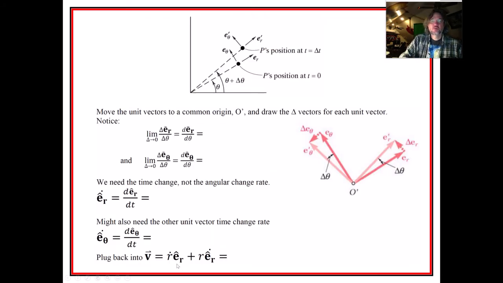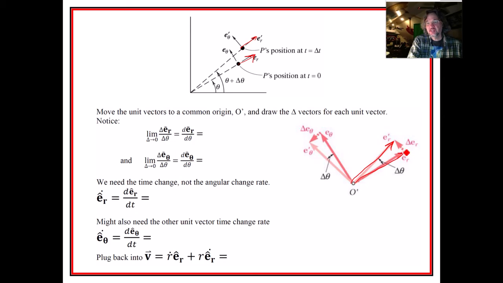Well, one way of doing it is to superimpose these unit vectors on top of each other, to collect them. So if we take this e_r right there, and we put the e_r prime right next to it, right here, we have these two.